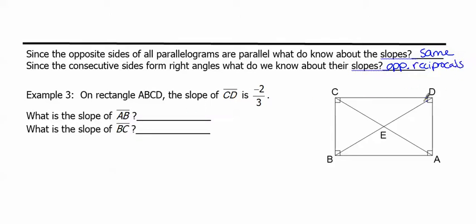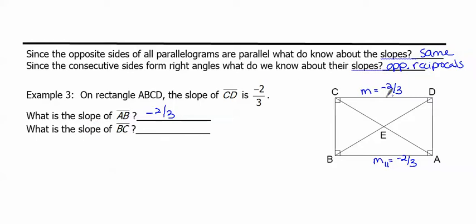So on example 3, it says here's A, B, C, D, and the slope of CD is negative 2/3. What do I know about the slope of AB? Well, AB is parallel, and parallel lines have the same slope, and the slopes are the same.